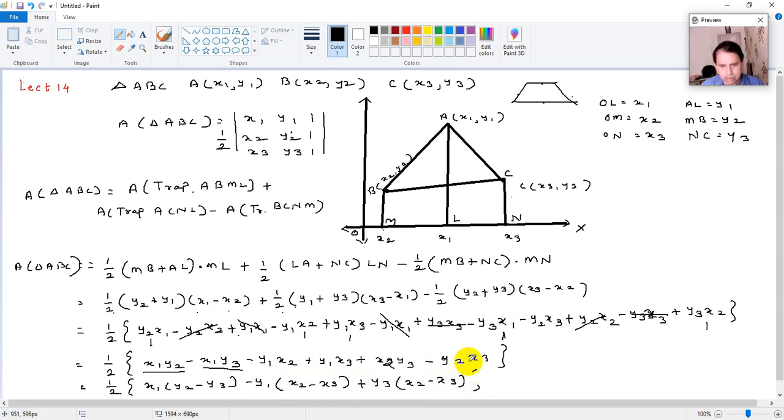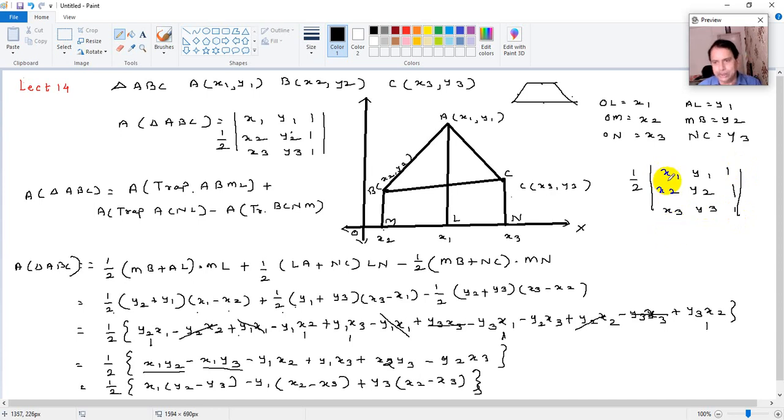Okay. So this can be written as 1/2 into the determinant with rows x1 y1 1, x2 y2 1, and x3 y3 1. You can expand this determinant and see what happens. You will expand by using this column.